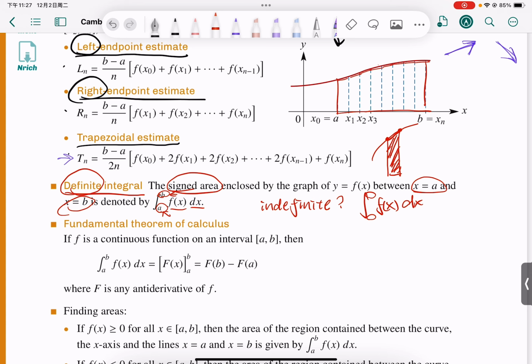One important thing to note is that for definite integrals, we actually get a number. But for indefinite integral, we actually get a function in terms of x.